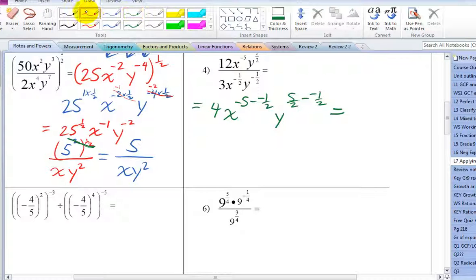Then I'm going to simplify my signs. 4, negative 5 plus 1/2. And on the y, 5 over 2 plus 1/2.